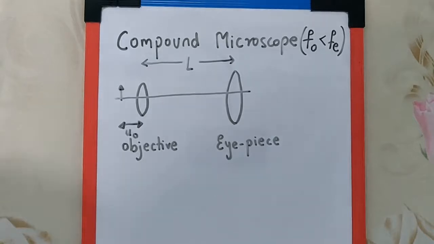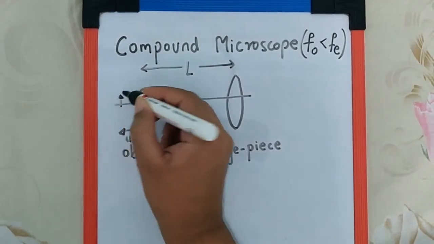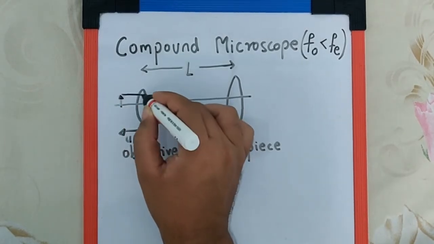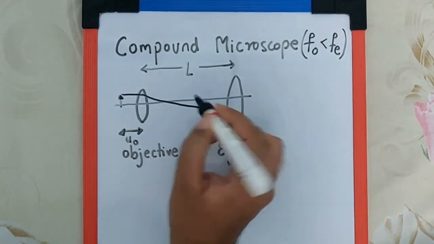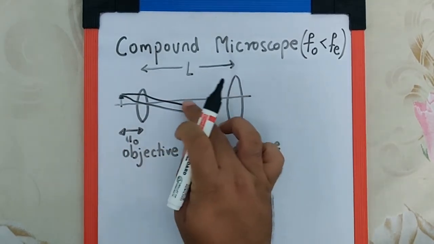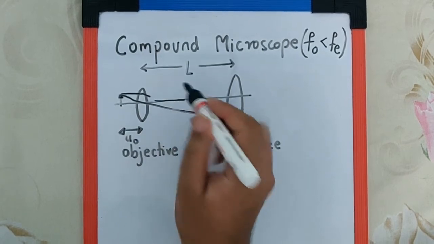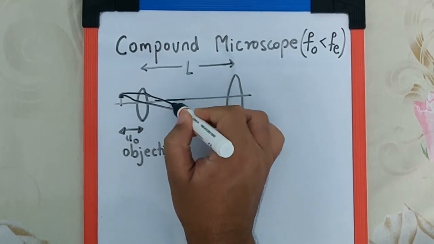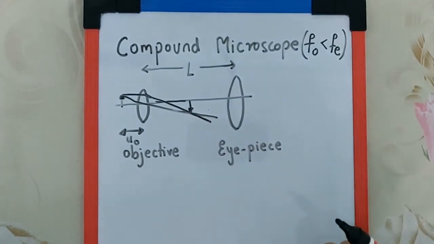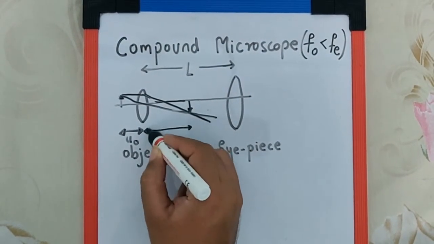which is standard. At the same time, the object which is placed over here at a distance UO will form an image at some distance, and this is where we get the image from the objective, and this distance can be called VO.